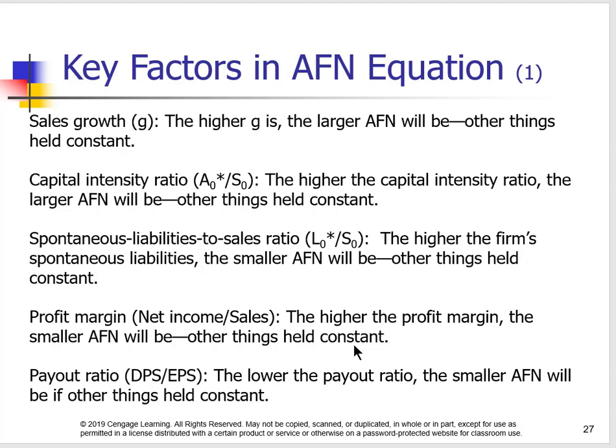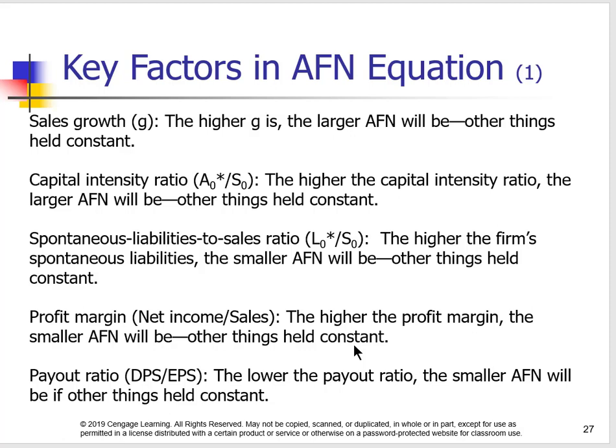The higher the spontaneous liabilities, the smaller the additional funds needed will be, because obviously if sales go up, then we're going to borrow, and in this case these spontaneous things are going to offset some of that need. And then, of course, the profit margin and the payout ratios will determine how much of the internally generated capital will be used to offset this additional funds needed.